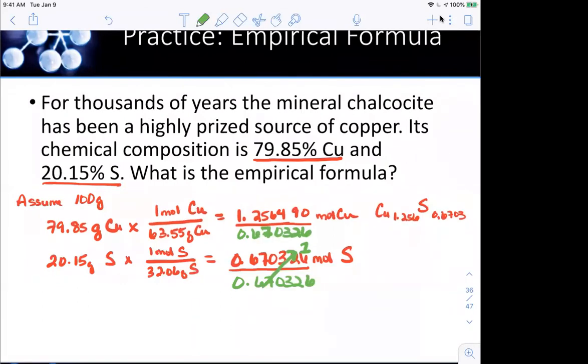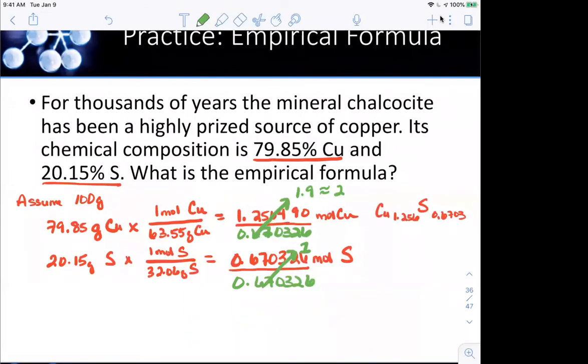And then 1.2564 divided by my lowest number, 0.6703, goes to 1.9, which is within the values.